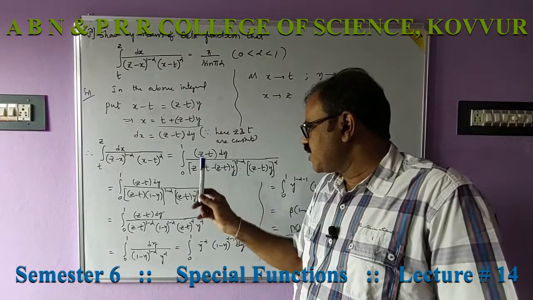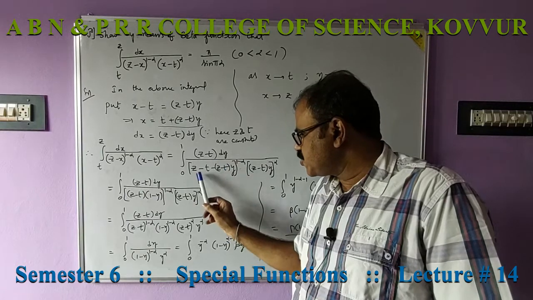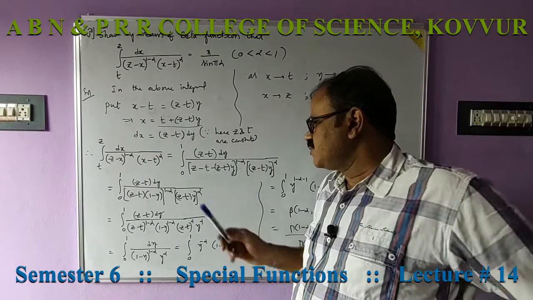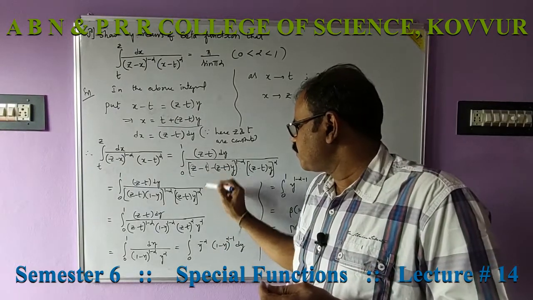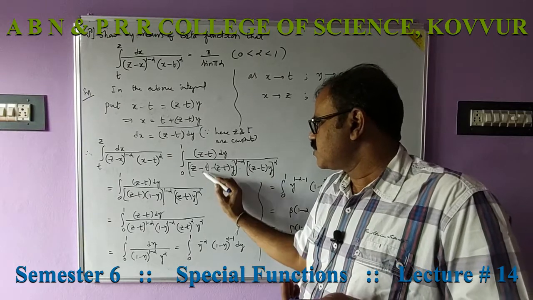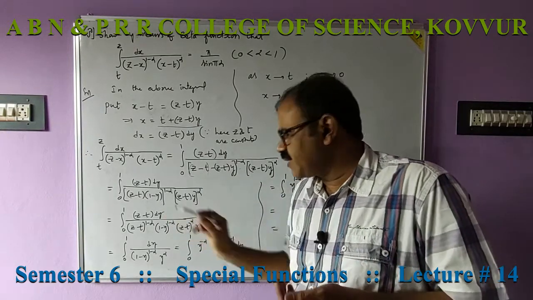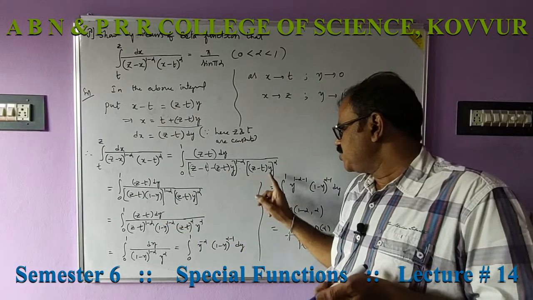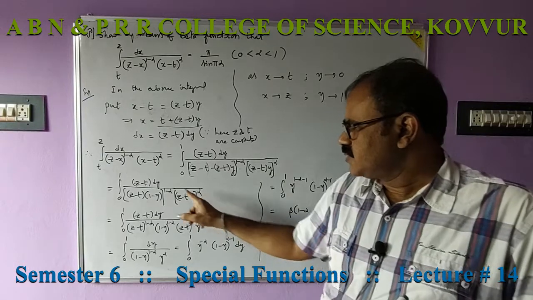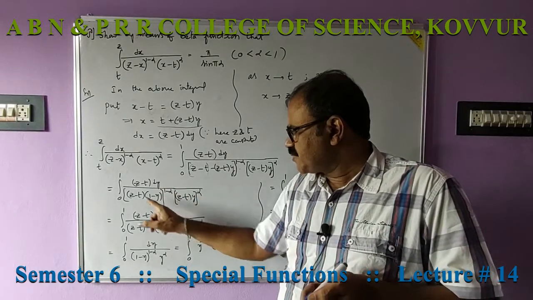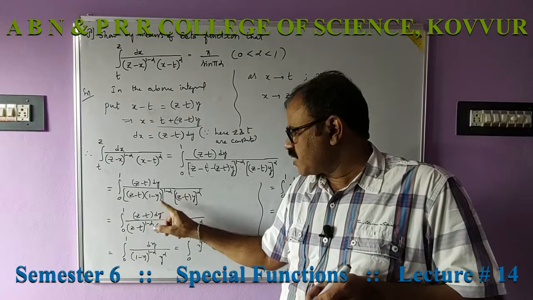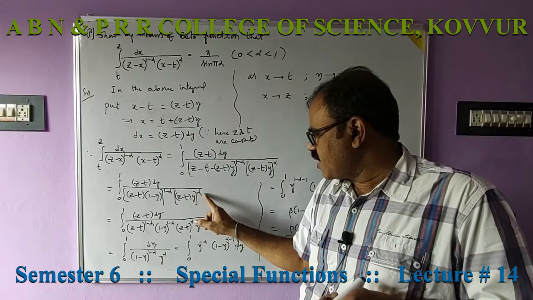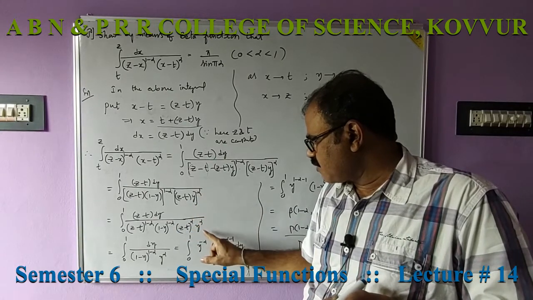So, if you take out z minus t as a common factor, this is (z minus t) into (1 minus y), whole to the power of 1 minus alpha. This is ((z minus t) into y) whole to the power of alpha. So, the numerator will be as it is. This is (z minus t) power 1 minus alpha, (1 minus y) power 1 minus alpha, (z minus t) power alpha, and y power alpha.